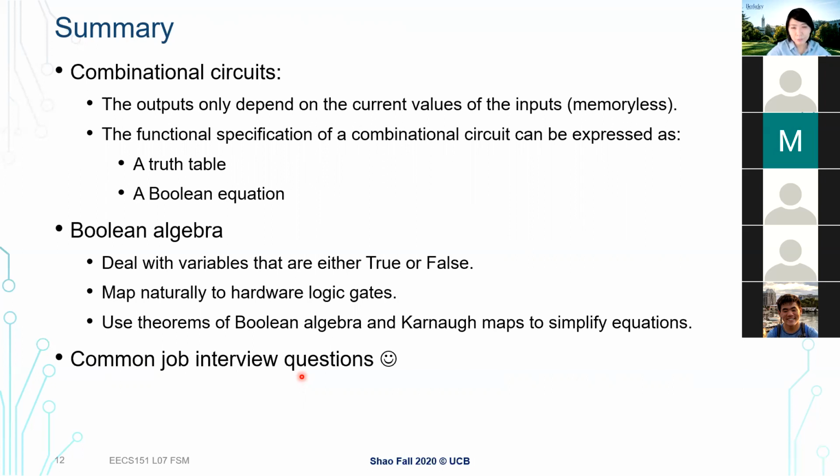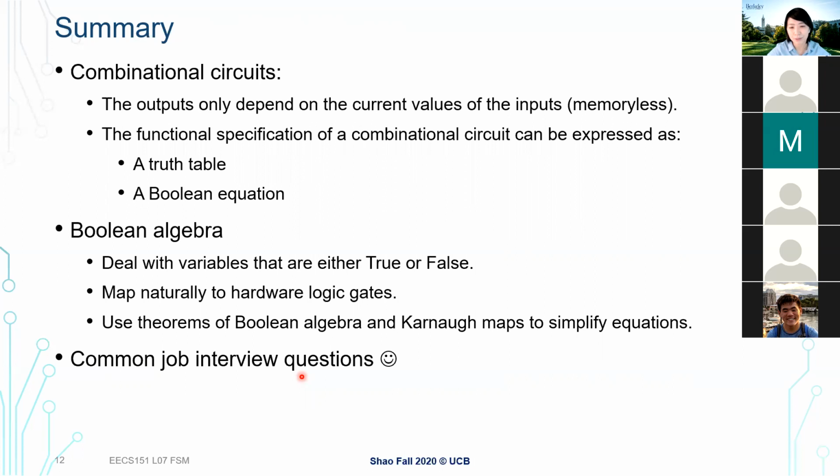So again, I mentioned earlier that today's CAD tools are pretty advanced, and they are doing all those simplifications directly. But it's still useful to go through this to understand the implications and also the opportunities in terms of different ways that you can express your logic. And again, this is a very common question that you will also be asked in job interviews.